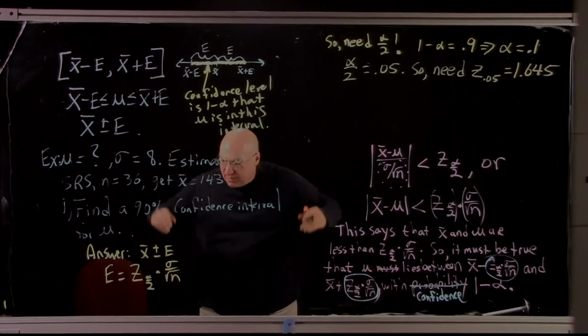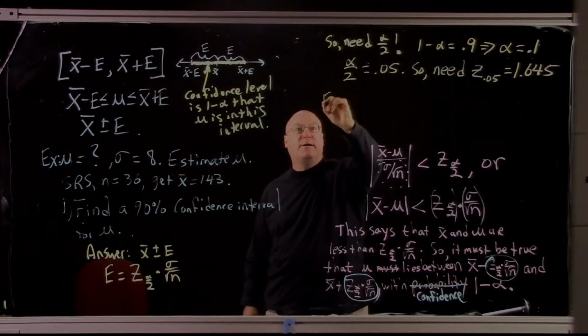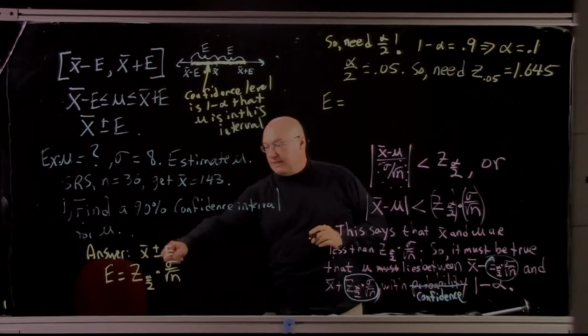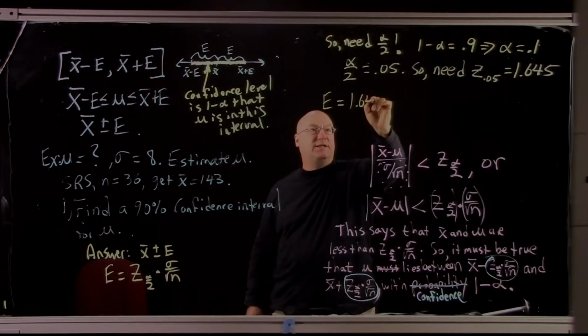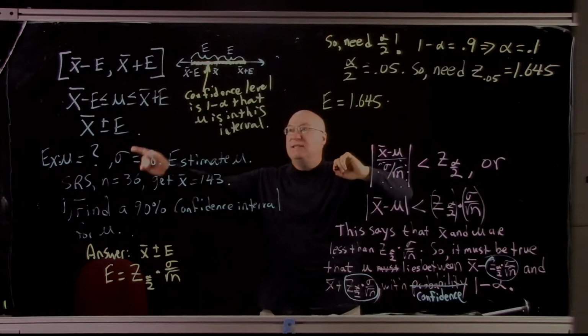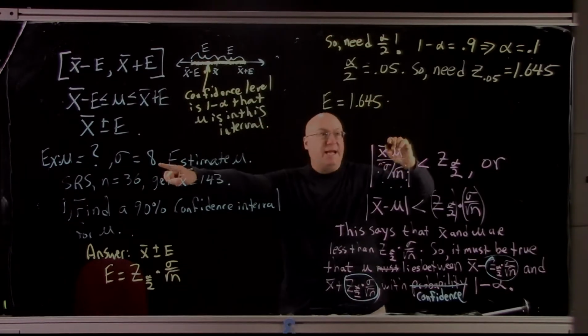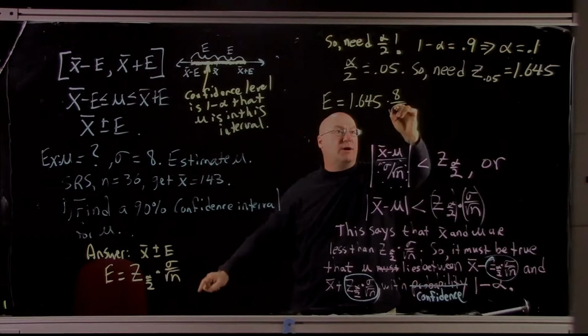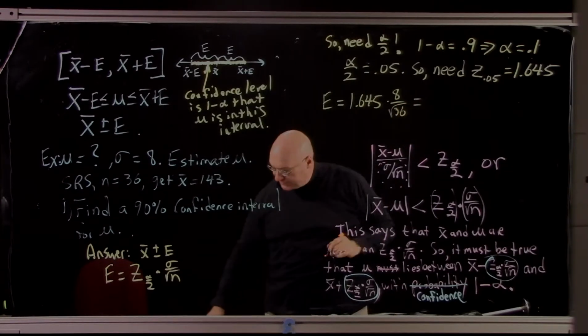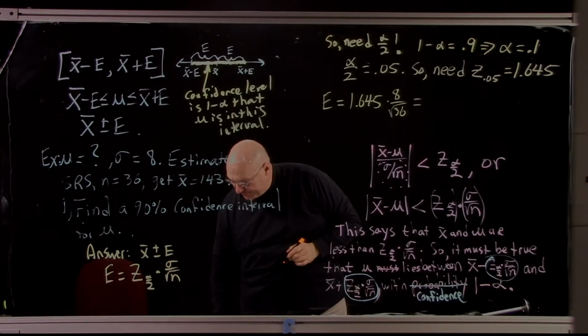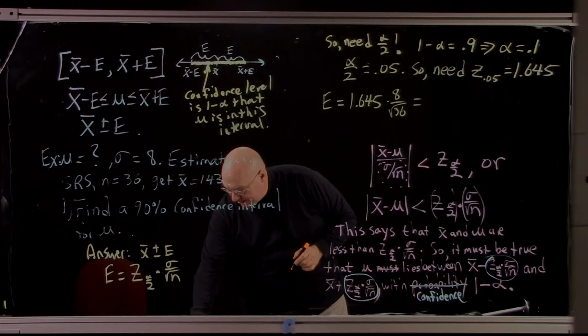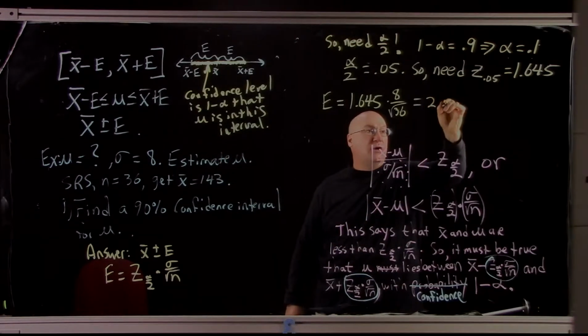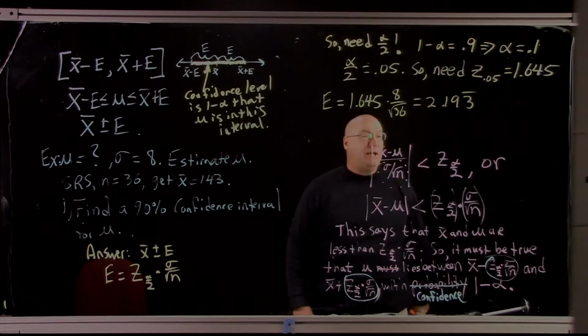All right, so I just plug all that in. E equals z alpha over 2, 1.645, times sigma 8 over the square root of 36, and that works out to be 2.193 repeating.